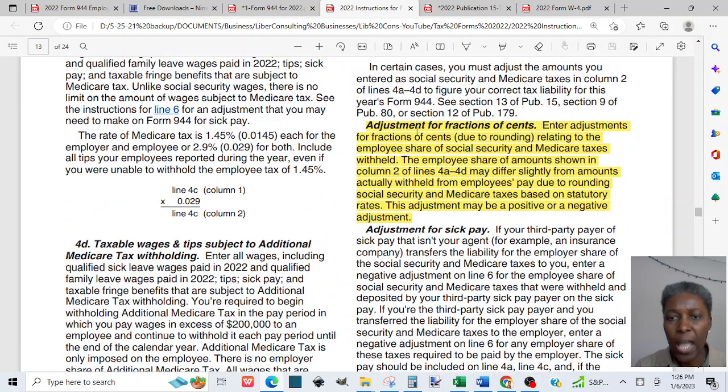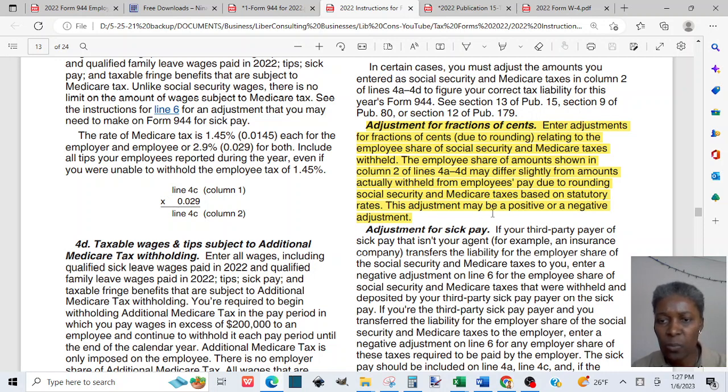Okay, so adjustment for fraction of cents. Enter the adjustment for fraction of cents due to rounding relating to the employee share of Social Security and Medicare tax withheld. The employee share of the amount shown in column 2 of line 4A to line 4D may differ slightly from the amount actually withheld from employees' pay due to rounding Social Security and Medicare taxes based on statutory rates.